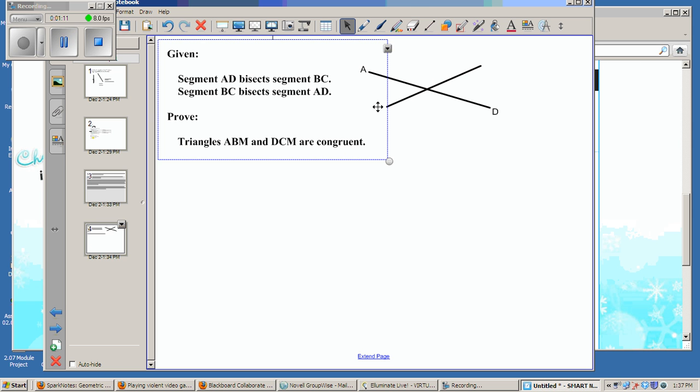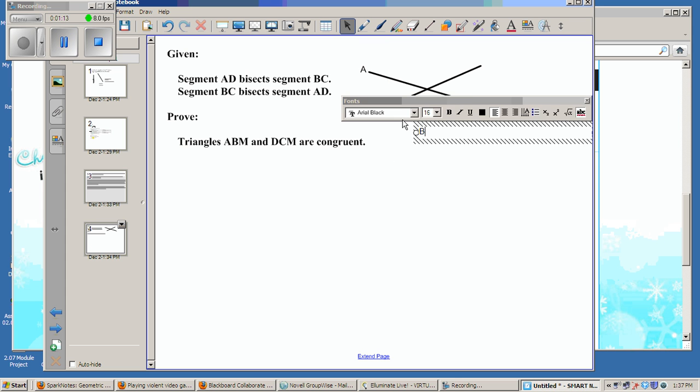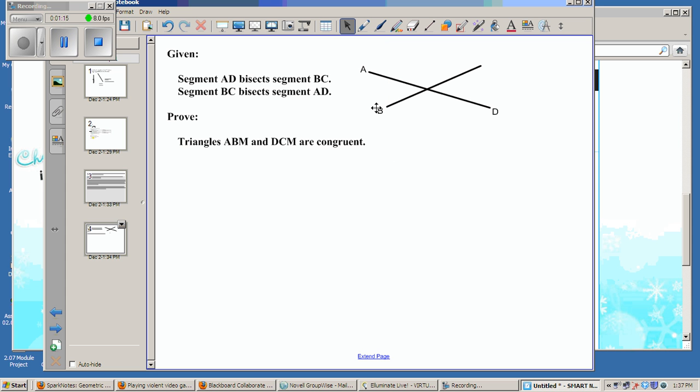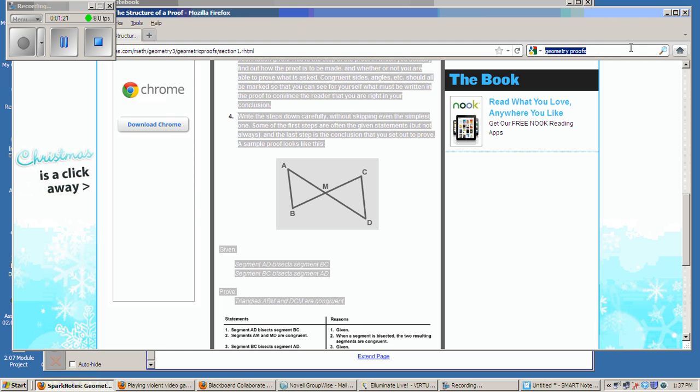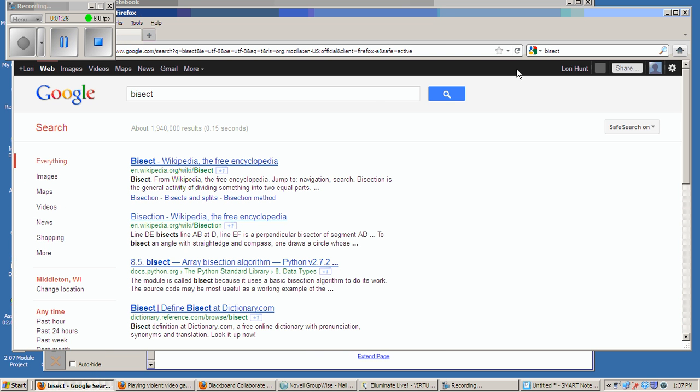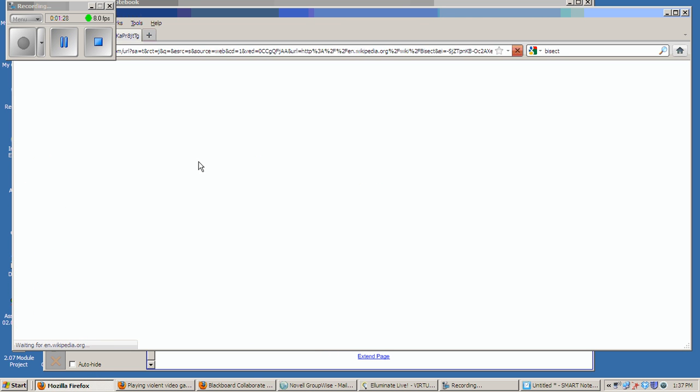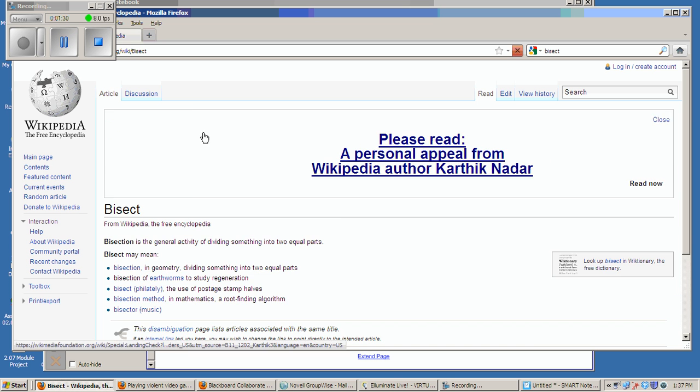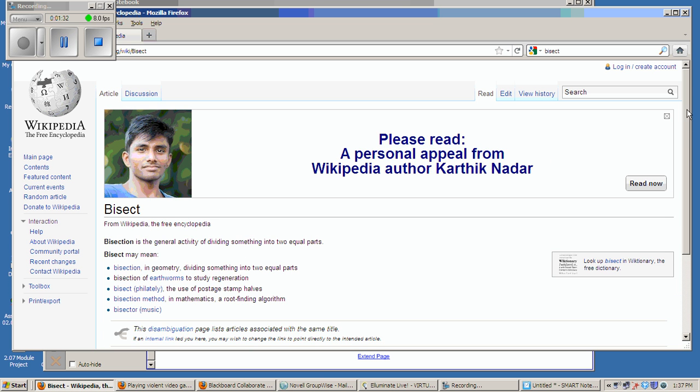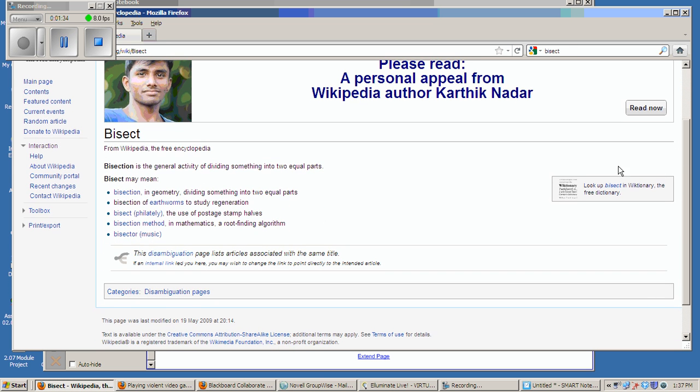So then, if I didn't know what the definition of bisects means, I would maybe look that up somewhere. Like maybe Google it, bisects. So what does it mean to bisect? And then I see in here, in geometry, it means dividing something into two equal parts.